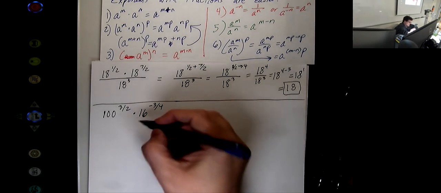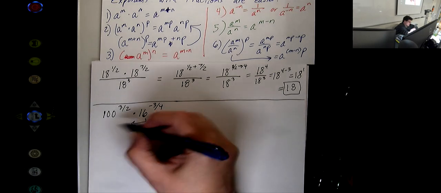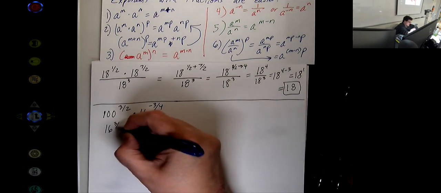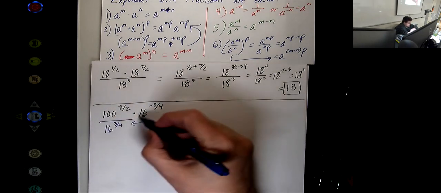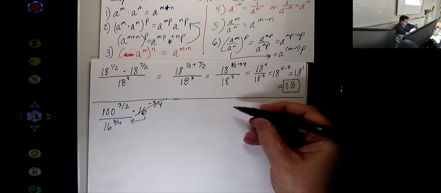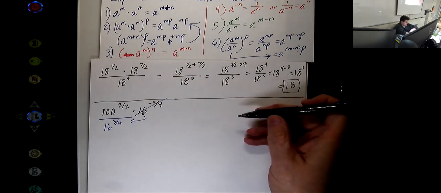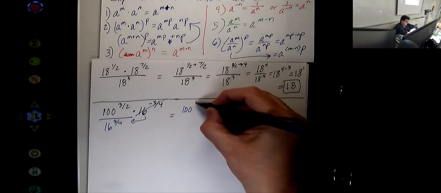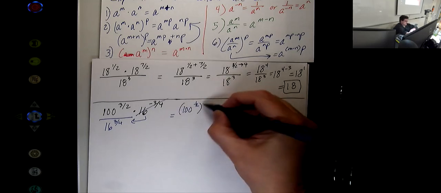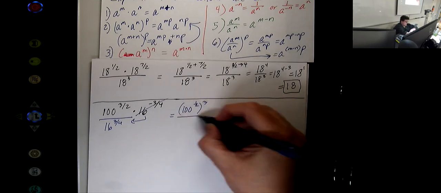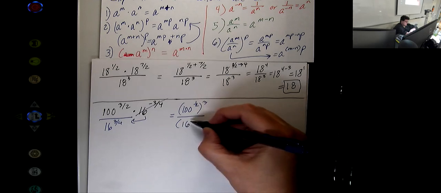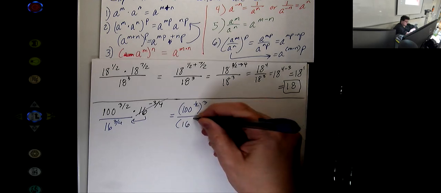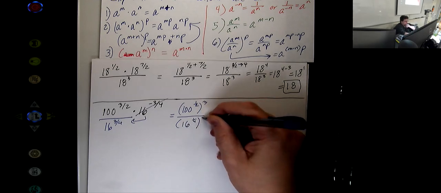I'm going to start by moving the 16 to the bottom as 16 to the 3/4 on bottom. And then I'm going to write this as 100 to the 1/2 cubed over 16 to the 1/4 cubed.